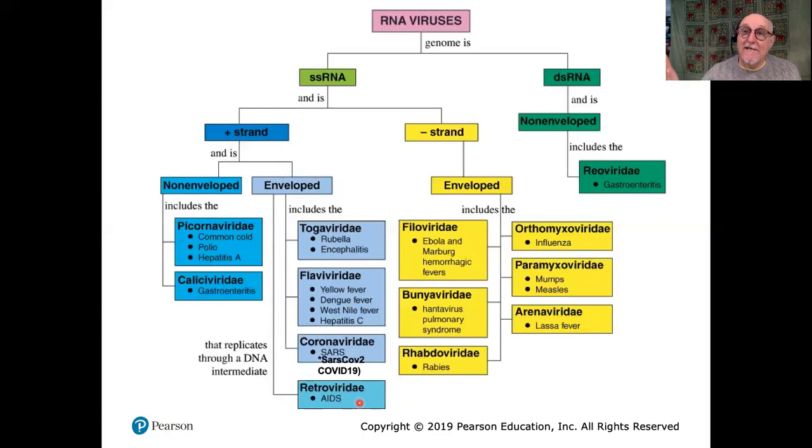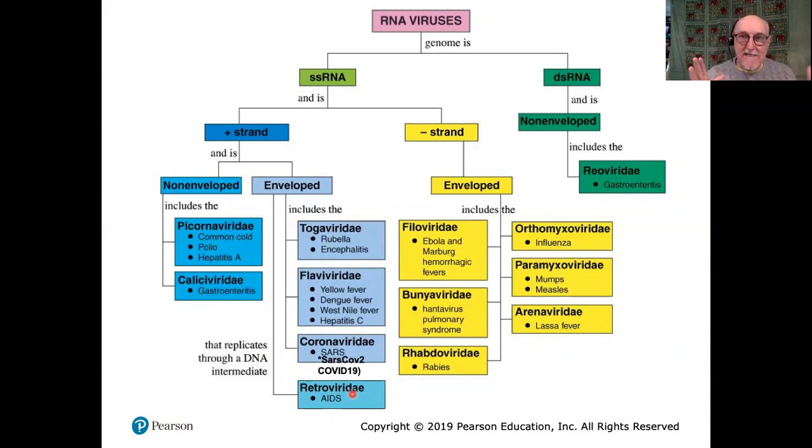We'll talk about how that is done much later on. For the moment, just realize this is why these are called the retroviruses. The retroviruses, the backwards viruses, in other words, because what they're doing is they are reversing the central dogma.